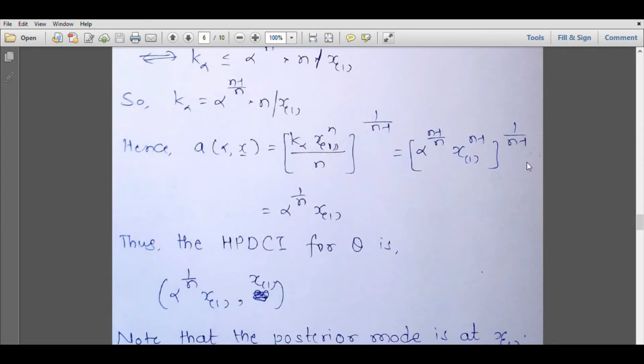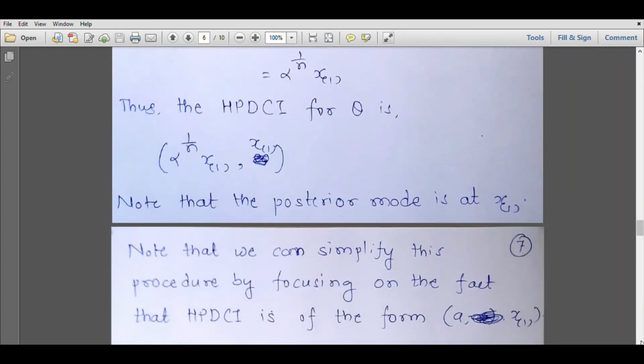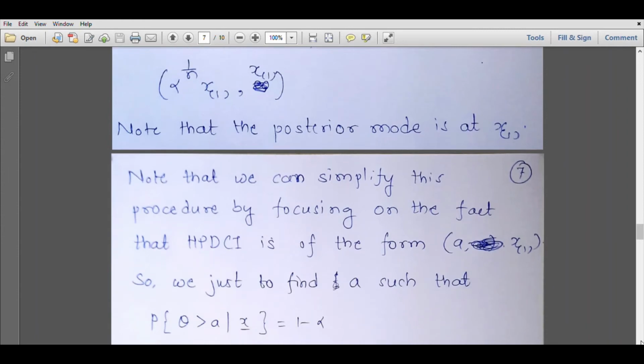So let us see whether we can calculate the highest posterior density credible interval in some other way or not. So now notice that we can simplify this procedure of calculating the highest posterior density credible interval by focusing only on the fact that the HPDCI is of the form A to x ordered 1, where A is such that the probability that theta is greater than A given x is at least 1 minus alpha.